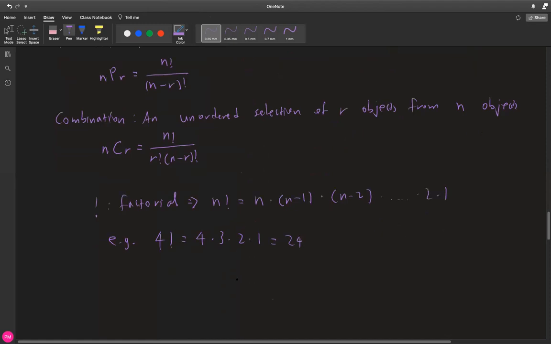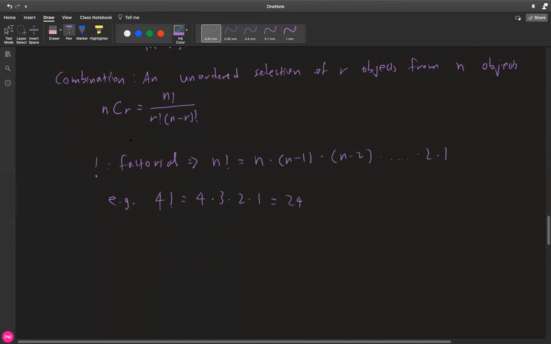So in other words, in order to calculate, let's say, combination 30 choose 4, you would have to do 30 factorial divided by 4 factorial multiplied by 30 minus 4, which in this case is 26 factorial.